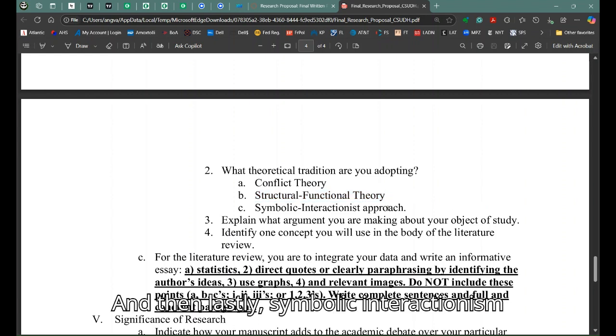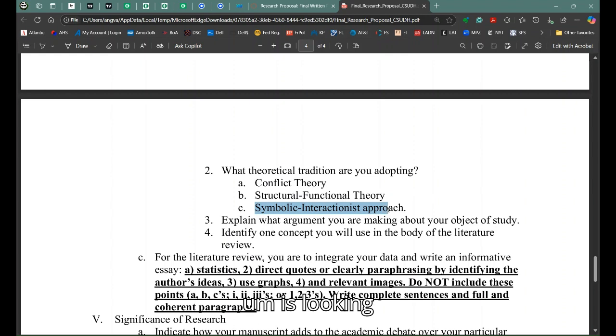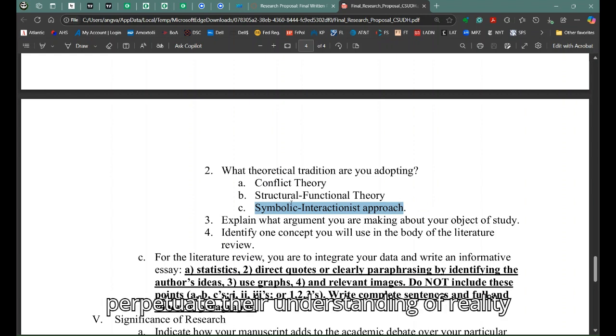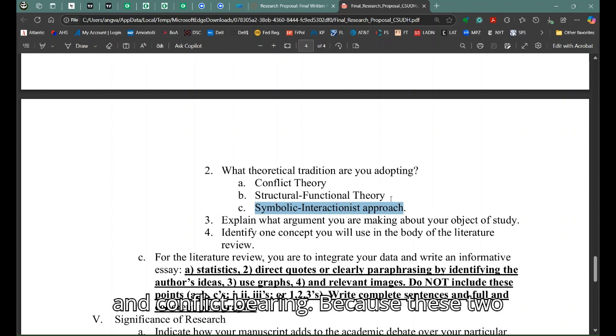Okay. And then lastly, symbolic interactionism is looking at how people understand their social reality. So, of the three theoretical approaches, symbolic interactionism really looks at what people do and how people are able to maintain and perpetuate their understanding of reality, compared to structural functionalism and conflict theory, because these two theoretical approaches assume that large social structures impose their coercive influence on our behavior.